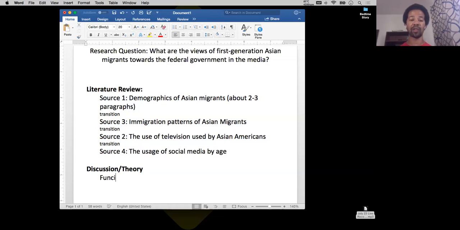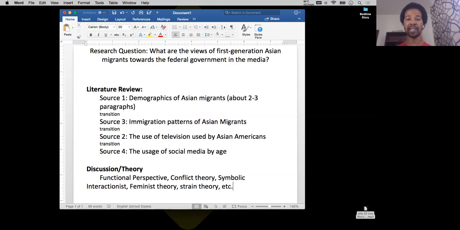We can either look at it from the functional perspective, from the conflict theory, symbolic interactionist, feminist theory, strain theory, etc. It's up to you.